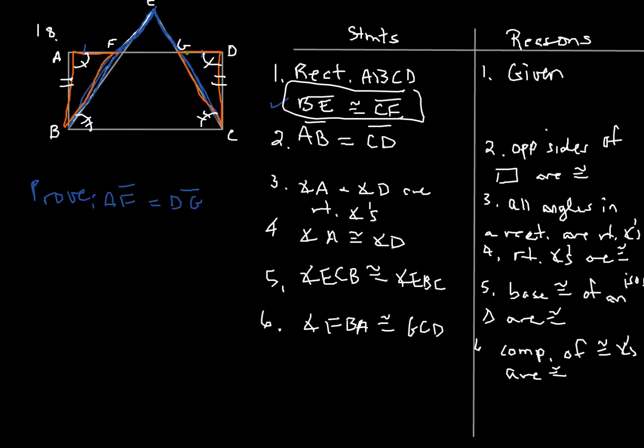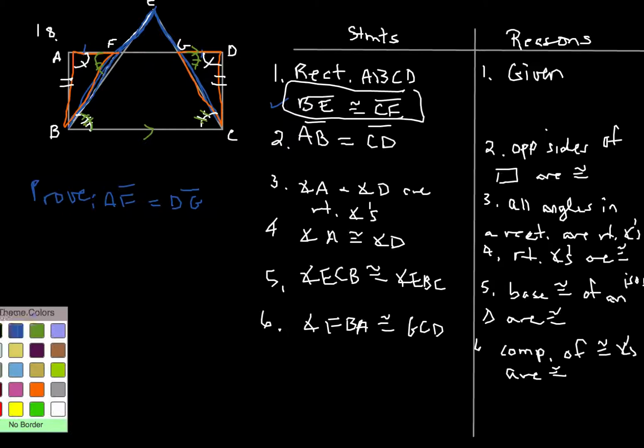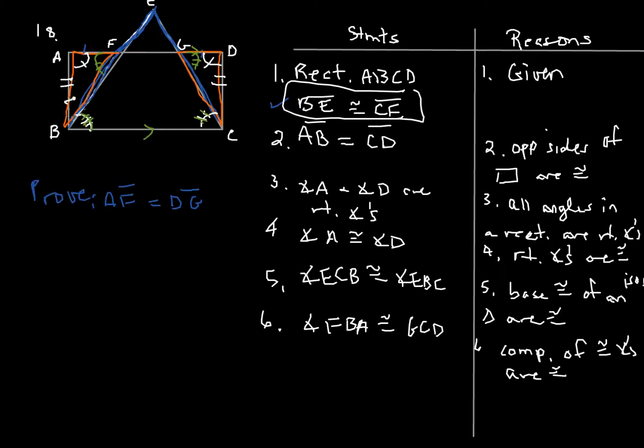Since I said that these two are parallel, I could say this one is congruent to this one, and then this one here is congruent to this one as well, because they're alternate interior angles. If this is congruent to this and this is congruent to this, then this is congruent to this. So wow, more than one way to do this. All right, let's just stick with the way I did it. So we'll make this one congruent and this guy congruent.